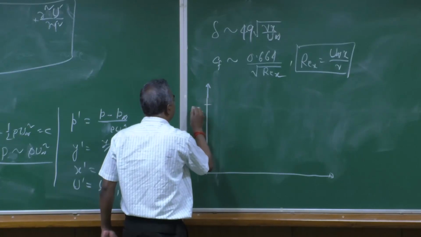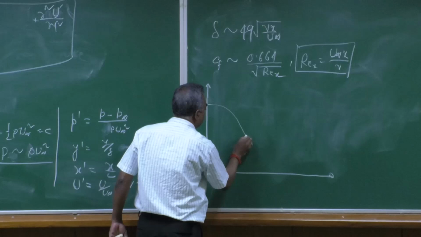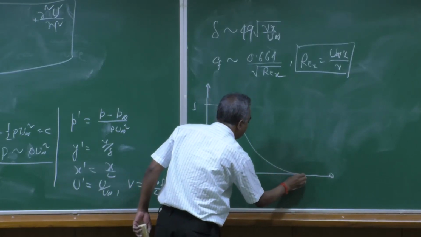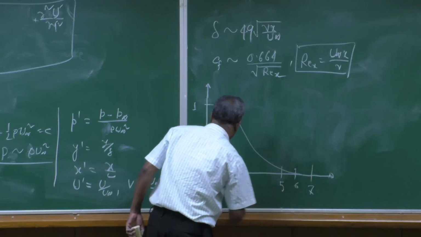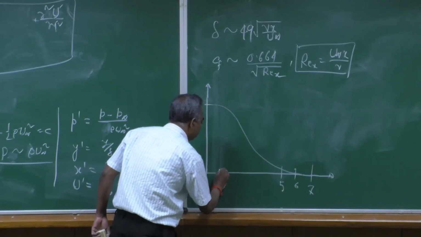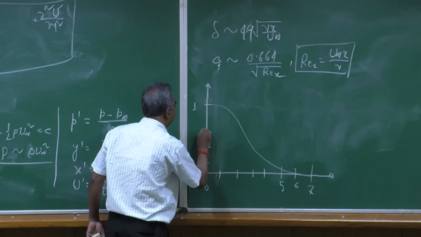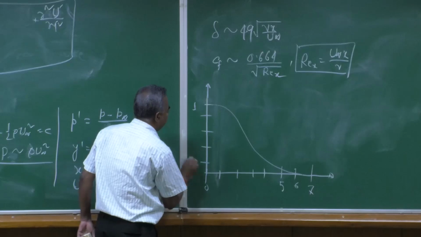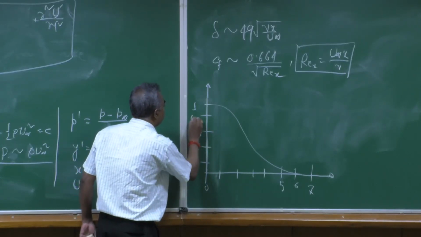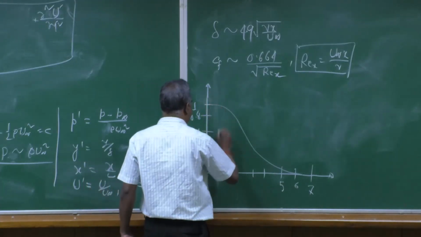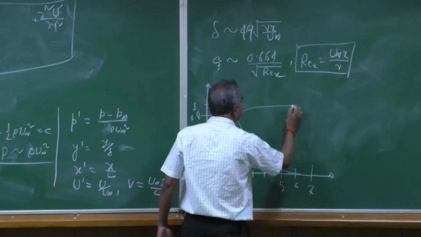The axis goes 0, 0.2, 0.4, 0.6, 0.8, 1, and the Blasius velocity profile will look like this.